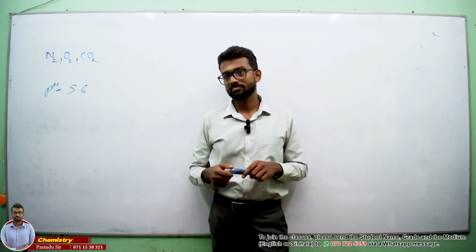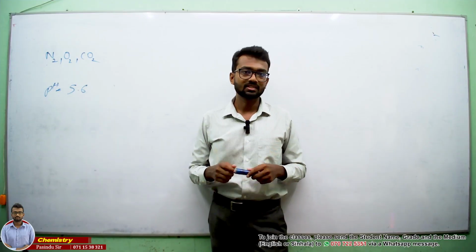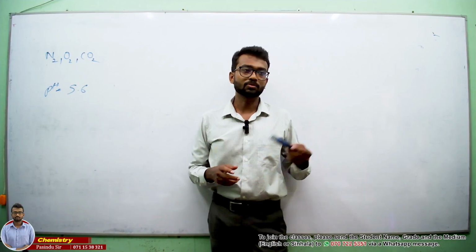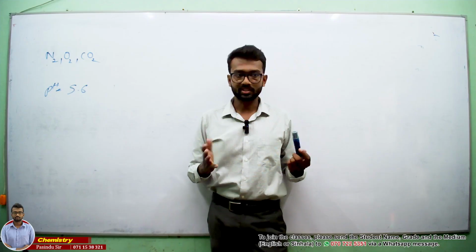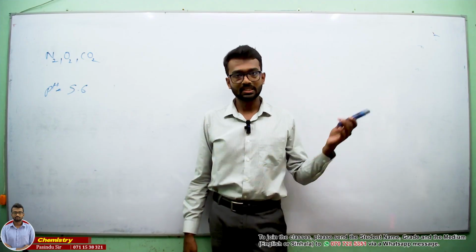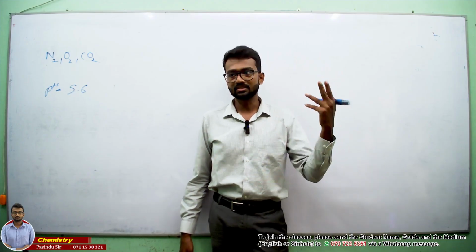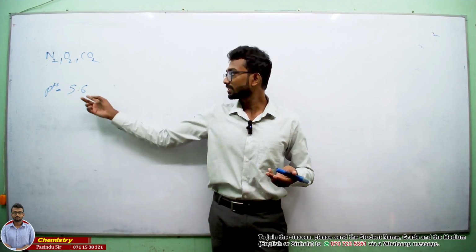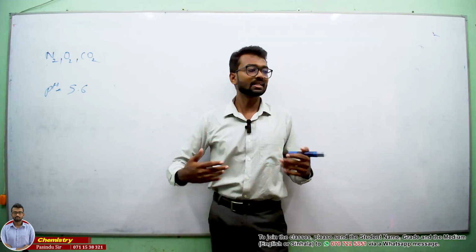Actually, in our areas, one of our professors said, I don't measure the pH of normal rain myself, but he said almost all urban areas have rainwater pH less than 5.6.